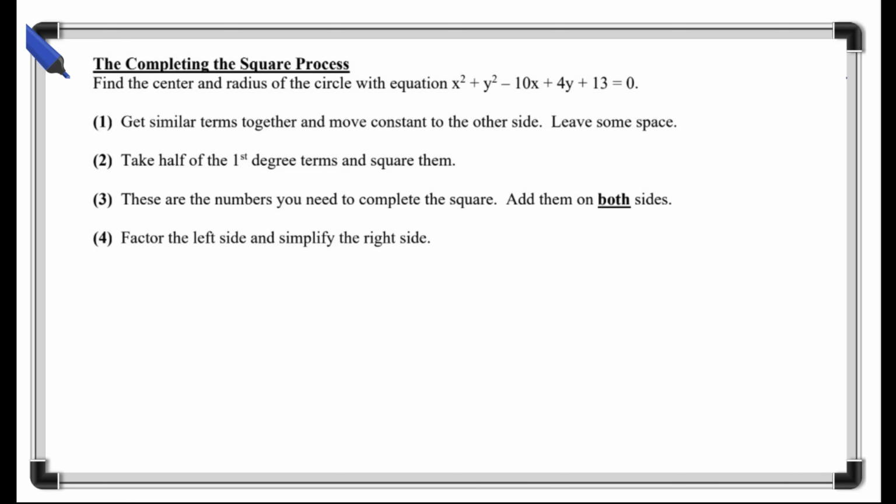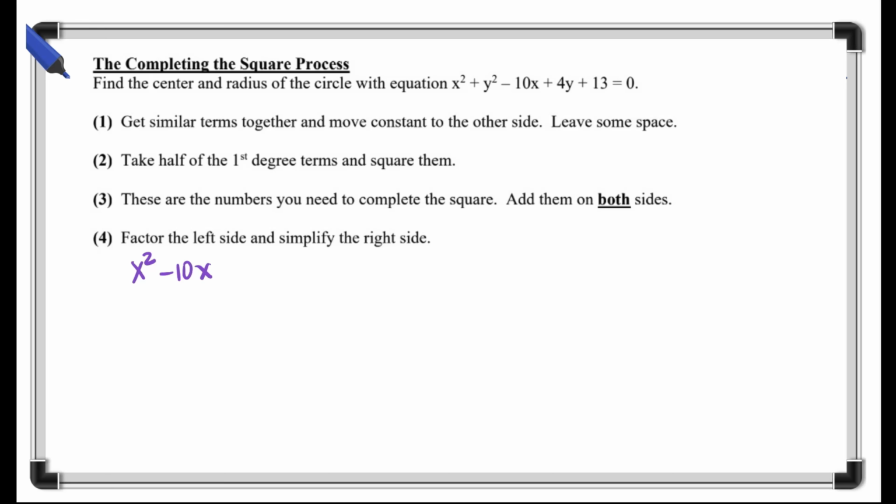So what we're going to do is find the center and the radius of this circle. And if you notice, it's not written in standard form. So your process is going to be as follows. You're going to find the similar terms and put them together, and move the constant number to the other side. So we're going to take x squared and our minus 10x and put those terms together.